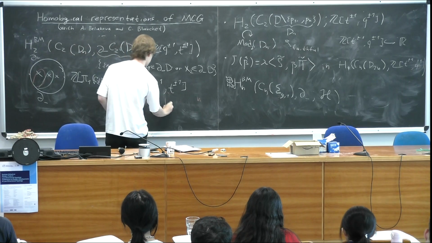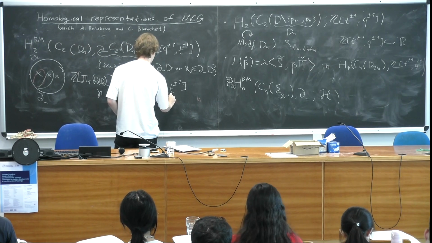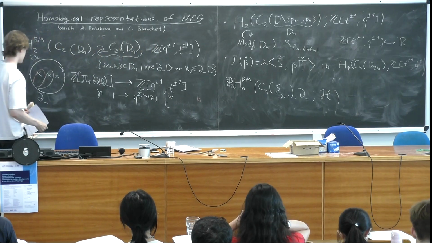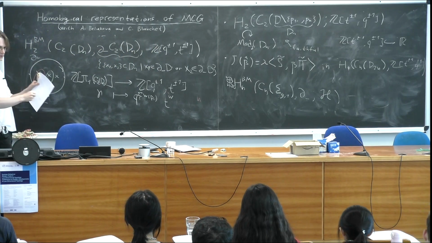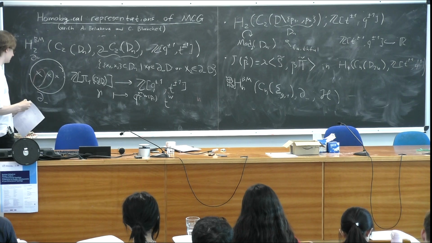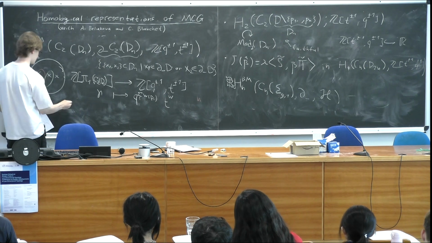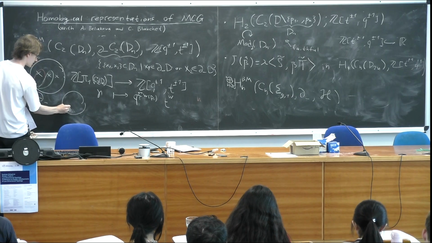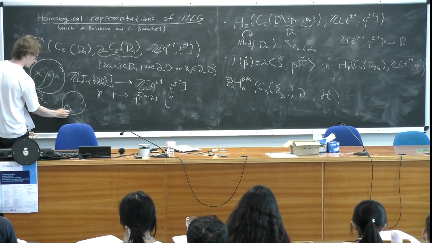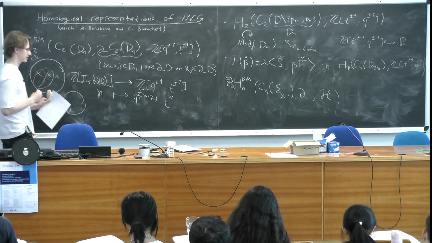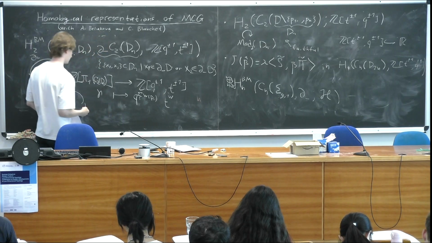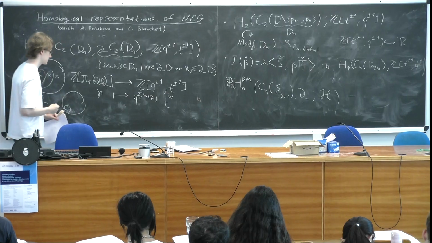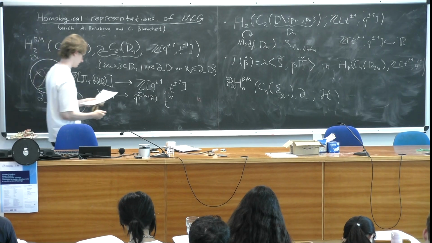And the second parameter is just the winding of these points around each other. So for example, this braid, which just switches these two points, will be sent to t to the power 1. So this is the local system.